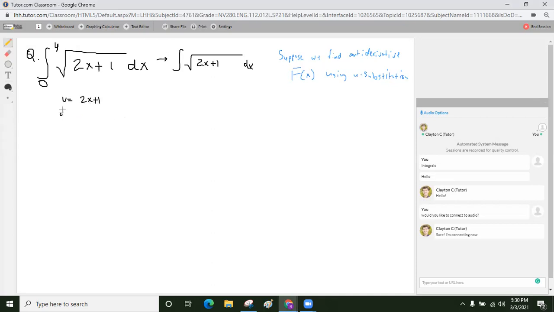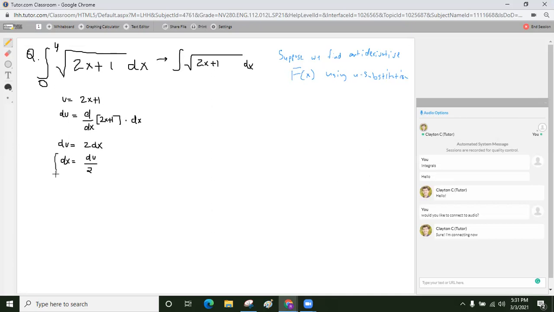Okay. And seems like a good choice. du would be the derivative of 2x plus 1 multiplied by dx. So du would essentially just be 2 dx, and then dx in terms of du would just be du over 2.